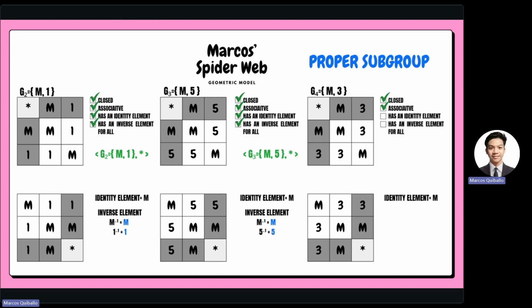It has an identity element, which is also M, and it also has inverse elements for all: the inverse of M is M, and the inverse of 3 is itself. So G sub 4 is also a group.